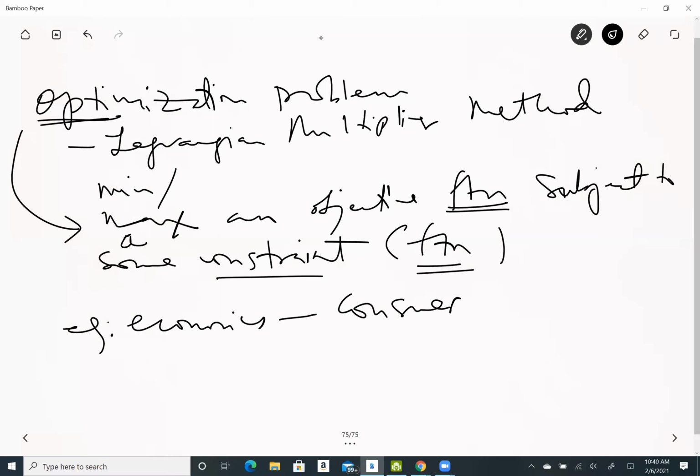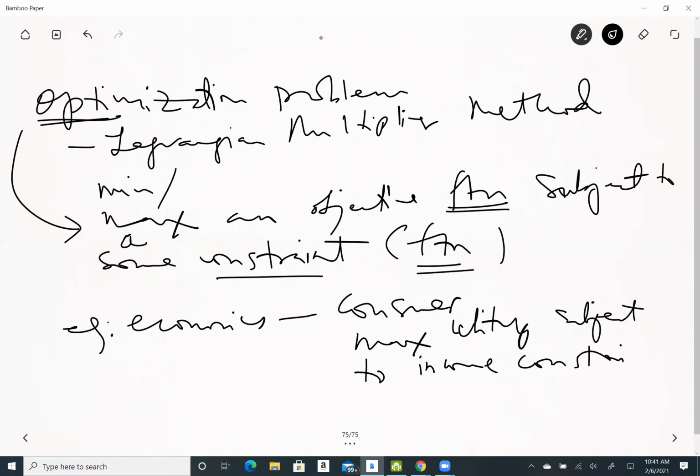So the consumer problem is that we maximize utility, we call it utility, the satisfaction, but we do it subject to an income constraint.